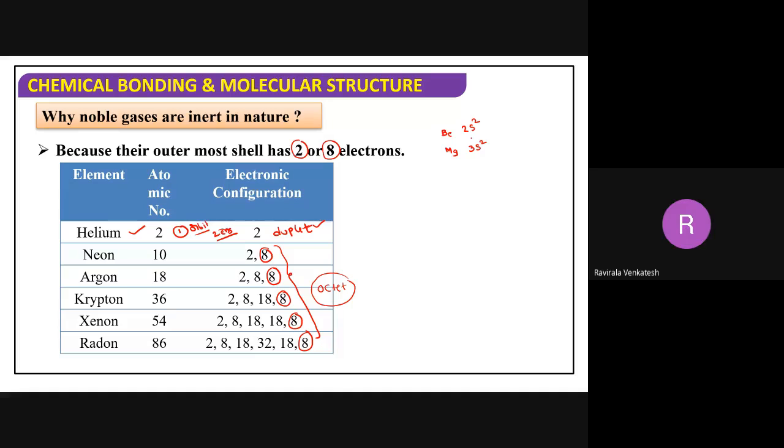Is it visible for you? Beryllium, magnesium. Yes, sir. Now which configuration are they having here? Duplet or octet configuration? Duplet. So being duplet they should be stable, no? Correct or not? Being duplet, they should be stable, but they're highly unstable.